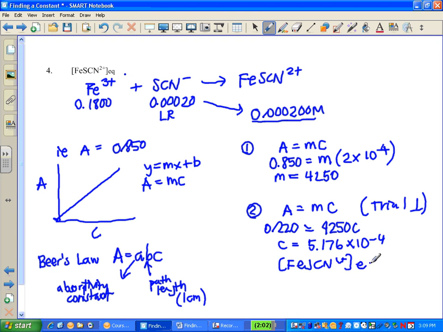You can put EQ to represent this is your value at equilibrium. You've got trial 1, 2, 3, and 4. So fill in those values. Take a few minutes and do that calculation.